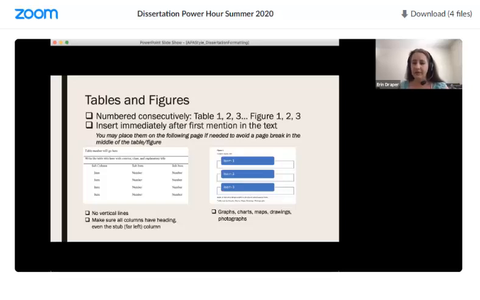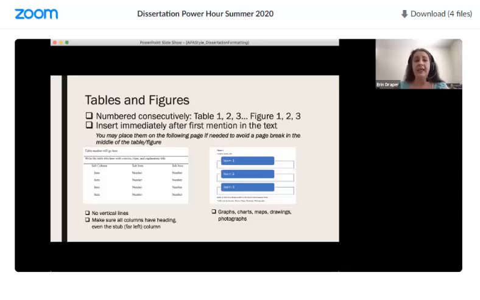I am going to interrupt myself because I do see a question in the chat about 6th and 7th edition. As far as I know, at least through December 31st, the library will be using both 6th and 7th, we'll be accepting both 6th and 7th edition. Again, do one or the other.